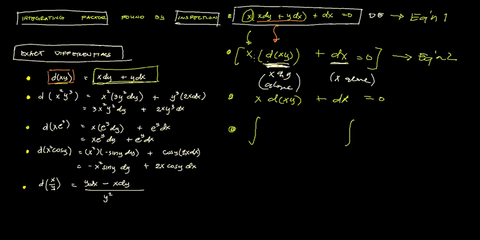What integrating factor are we going to multiply to this equation in order for it to become exact? We need to think of some variable. Through inspection, what can you see?